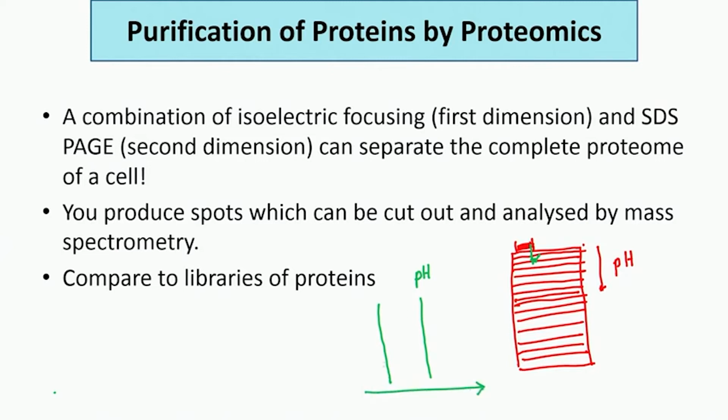If the isoelectric point of a protein is suppose here, that means it is less than the pH that is maintained here, and if the isoelectric point of another protein is on the right side of the pH that you are maintaining, then what will happen, this protein will now be positively charged, and here it will be negatively charged, and here it will be 0.